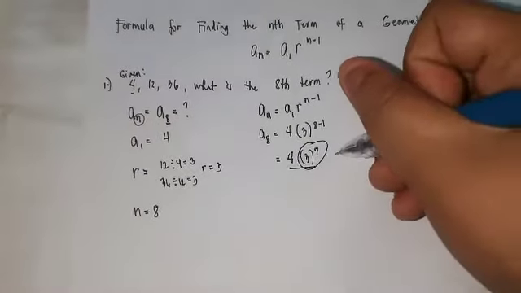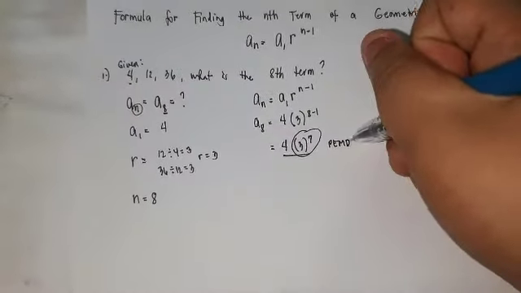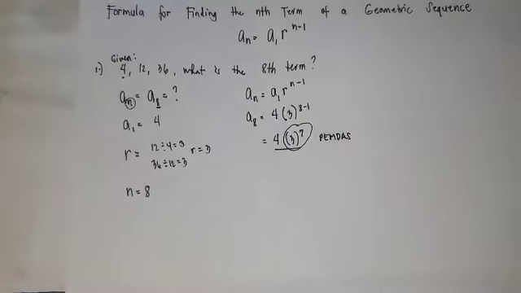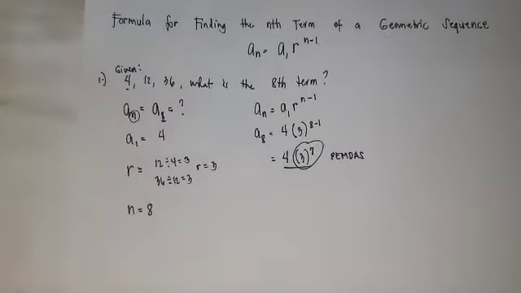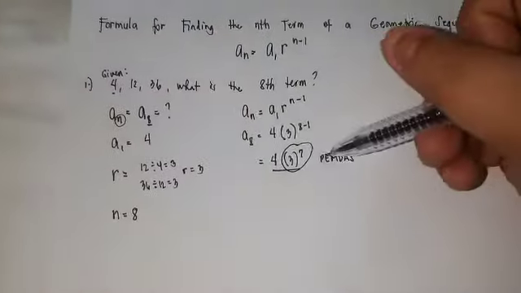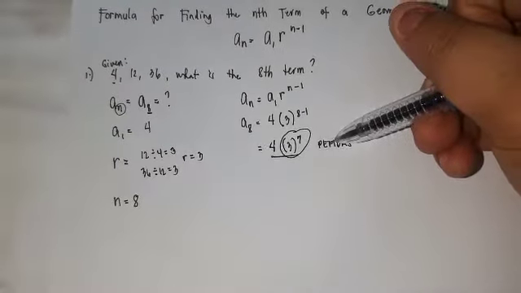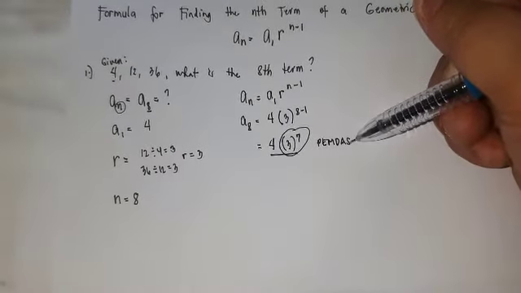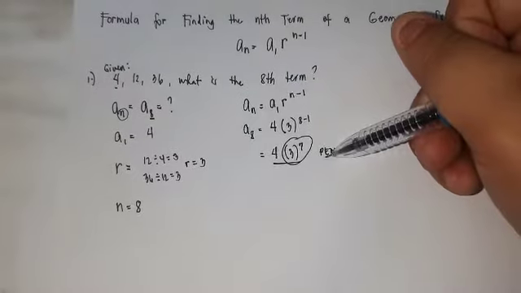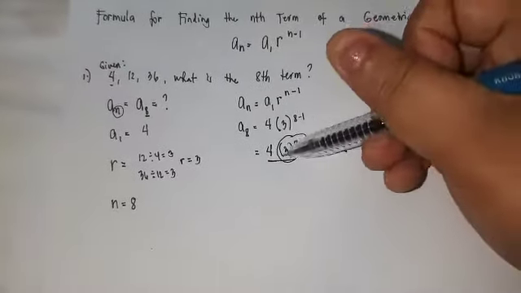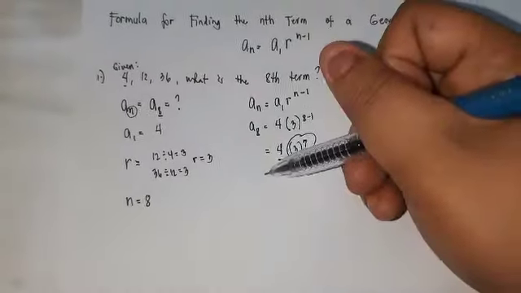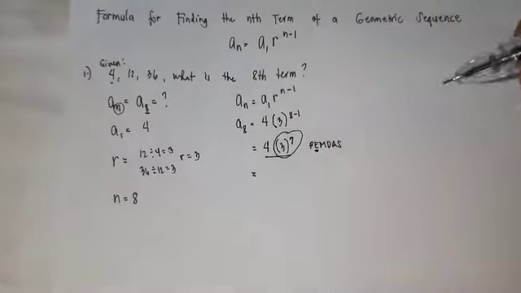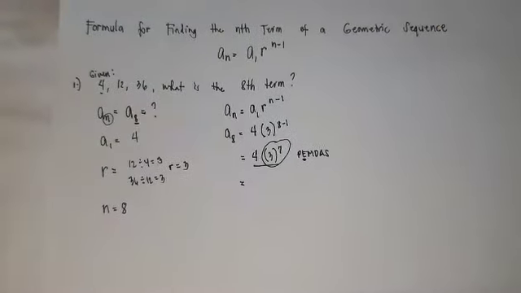Yes, you go back to our PEMDAS. I hope you already know PEMDAS. Again: parentheses, exponent, multiplication, division, addition, and subtraction. So it's very clear that we need to do the exponent first. Let's compute 3 raised to 7.